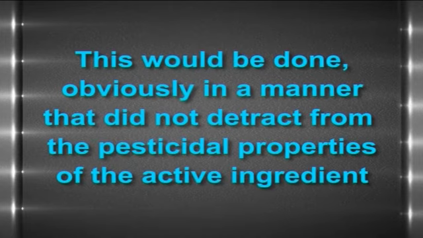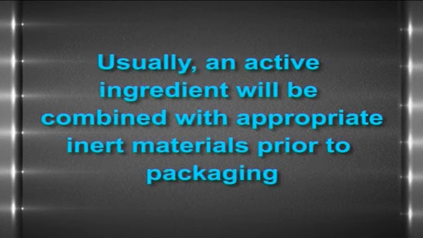When this is not feasible, it may become necessary to alter the active ingredient in order to change its solubility. This would be done obviously in a manner that did not detract from the pesticidal properties of the active ingredient. Usually, an active ingredient will be combined with appropriate inert materials prior to packaging.